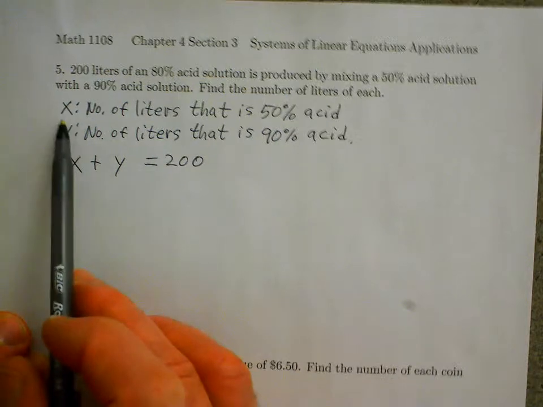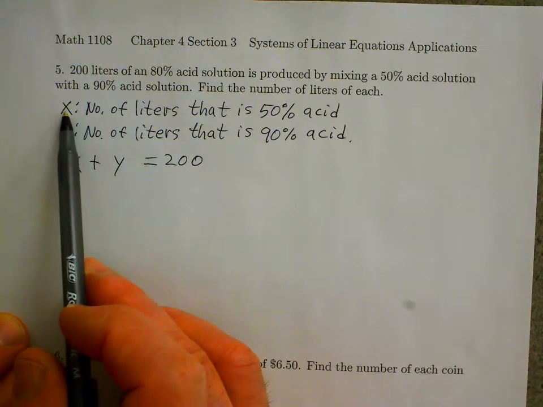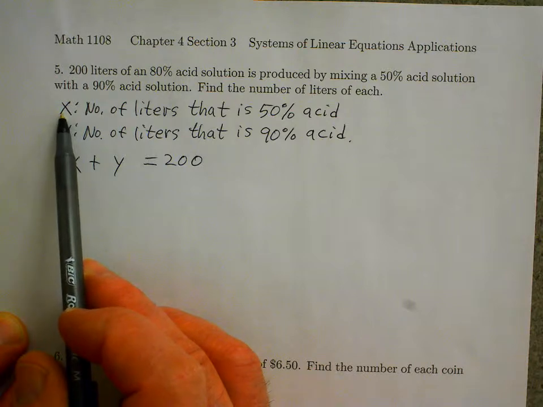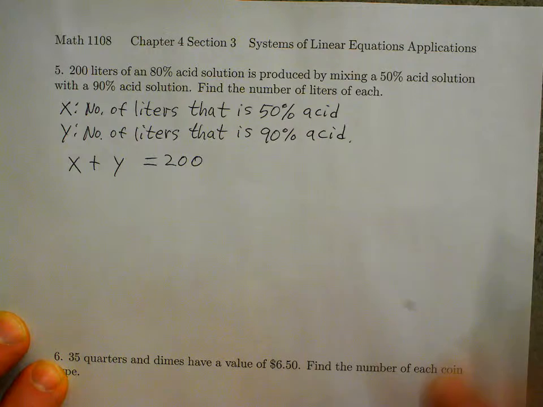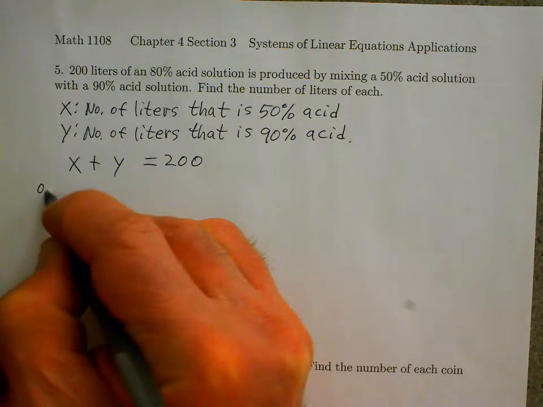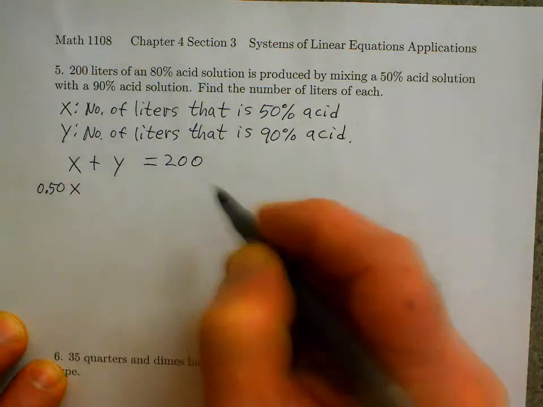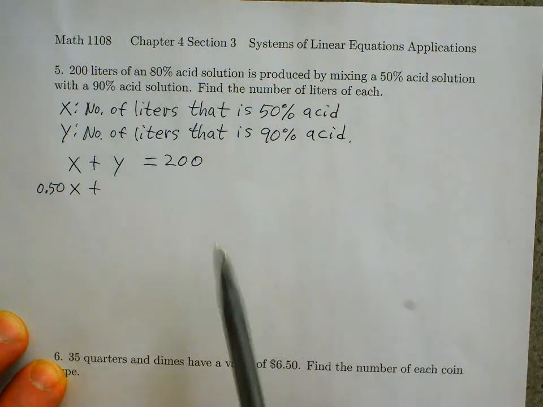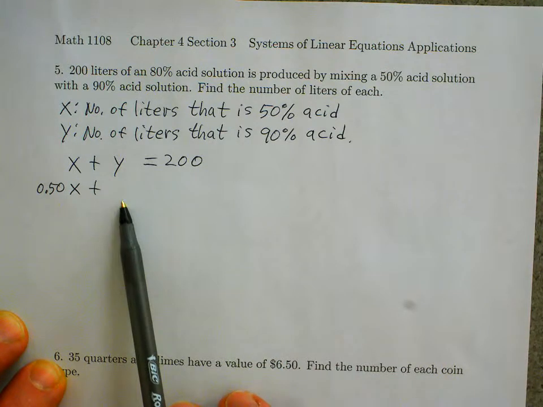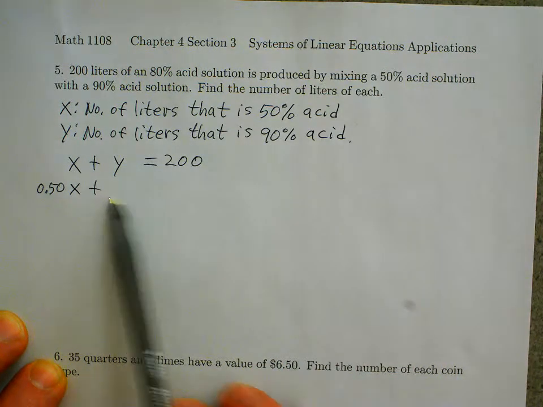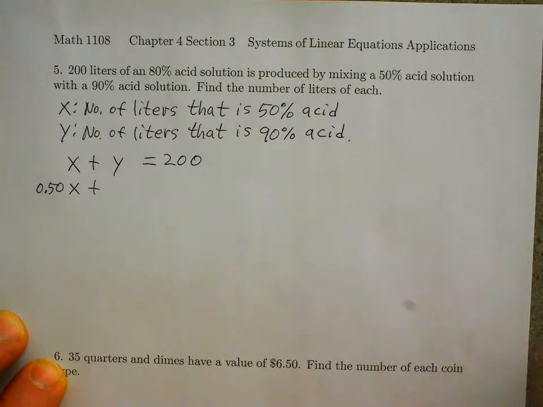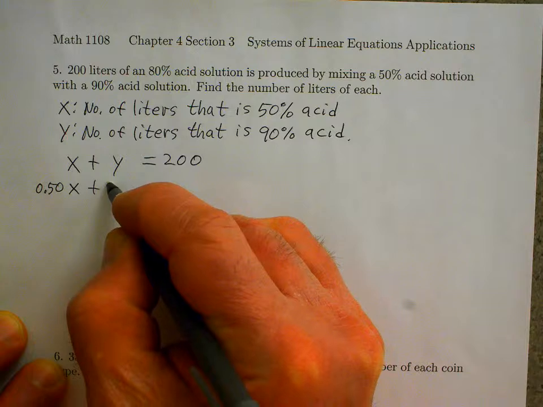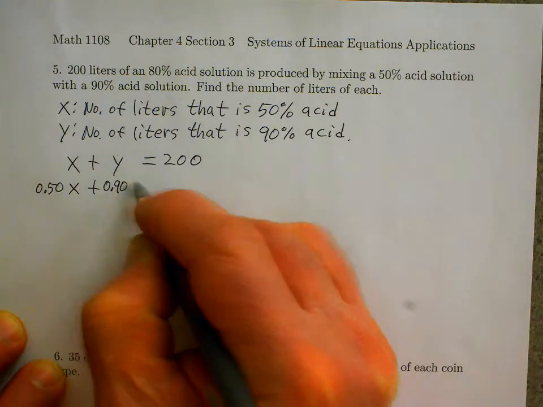But we don't know exactly how many liters there are yet. That's what we're trying to find. So if x liters is 50% acid, then the amount of pure acid is represented by 0.50 times x. Then we add that to the amount of pure acid in y liters that is 90% acid, which is 0.90 times y.